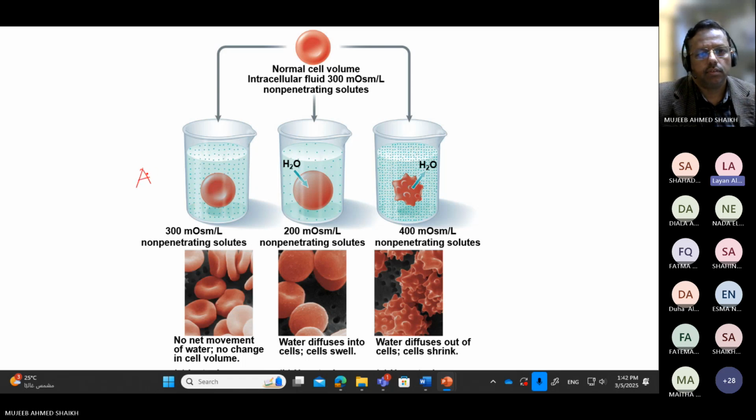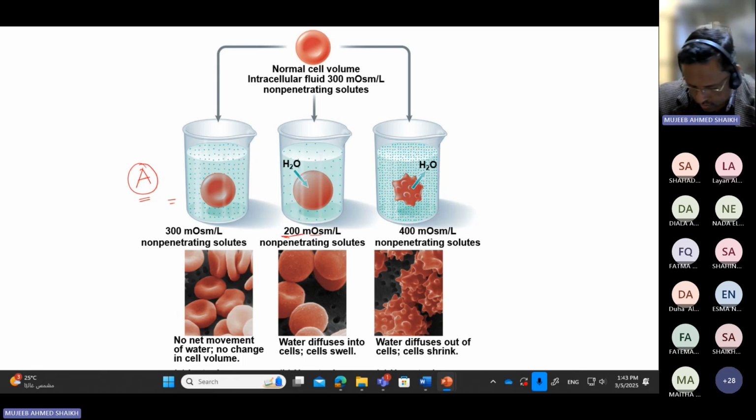It's isotonic. What will happen to the RBC? It will not change. It remains the same. It will retain its shape, normal. Here the osmolarity is 200 milliosmol. Is it less or more?